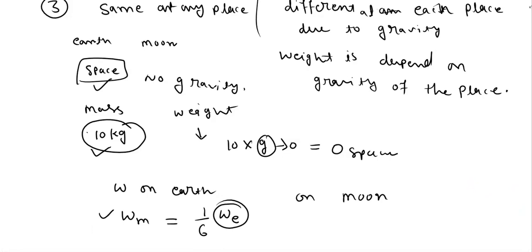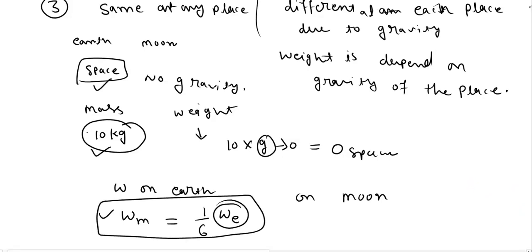So this is the relation to count the weight on Moon and weight on Earth. If you know the weight on Earth, then it will be 1/6 of it on the Moon. You can do the calculation with this.